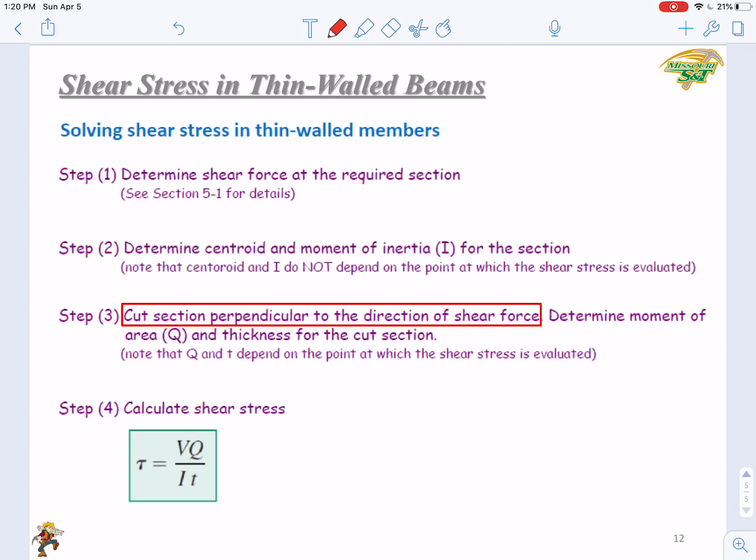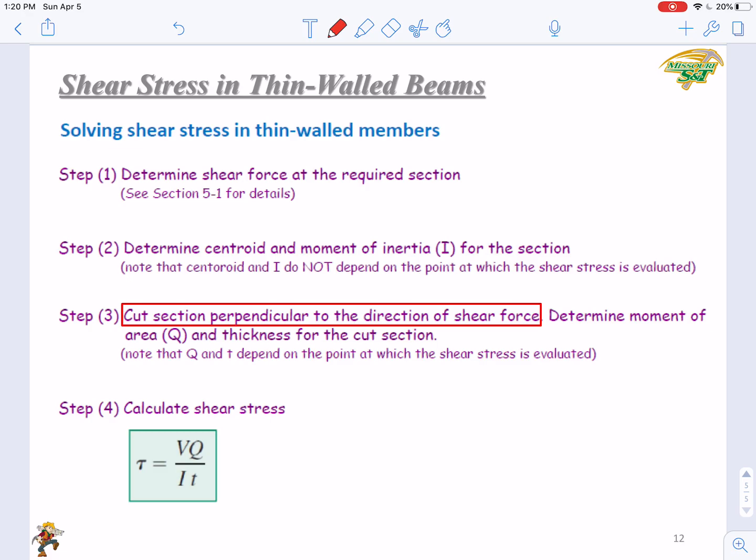So knowing that, to solve the shear stress in thin wall members, you just need to follow these 4 steps. Step 1 is determine the shear force at the required section. Step 2, determine the centroid and the moment of inertia. Those are the regular steps. Then step 3, you cut the section perpendicular to the direction of the shear.